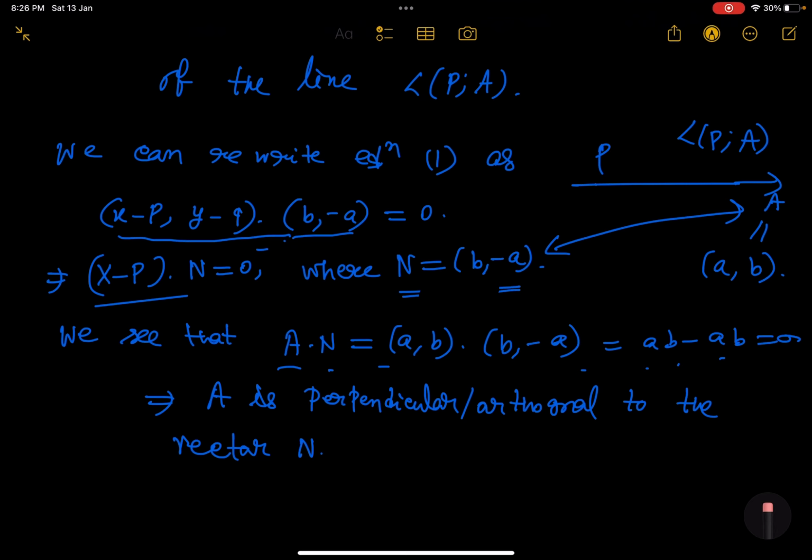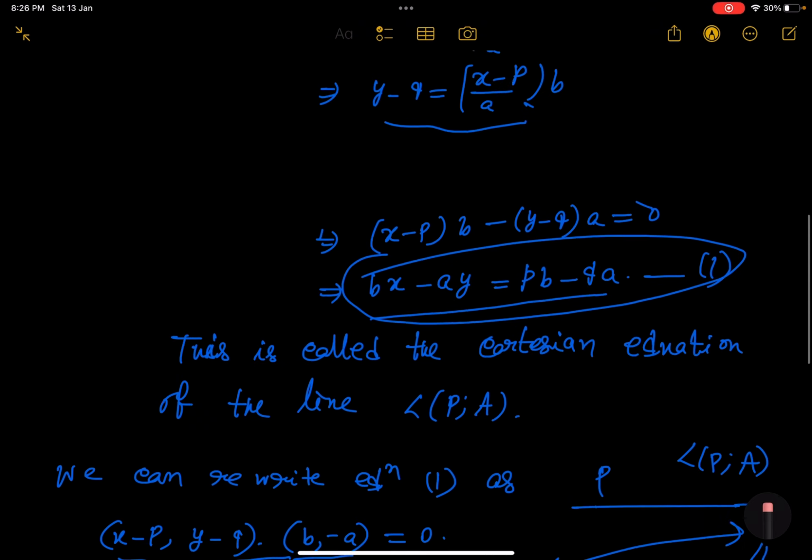So in that sense, this vector capital N is perpendicular to the given line. This vector capital N is very useful to find the distance of a point to a given line. We'll discuss this in the next lecture.